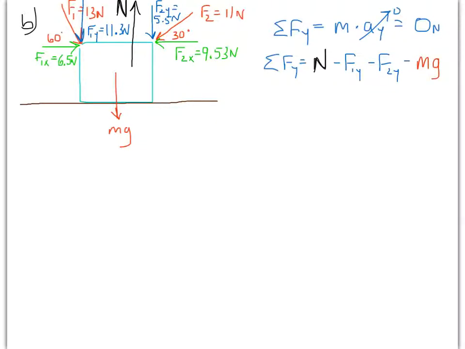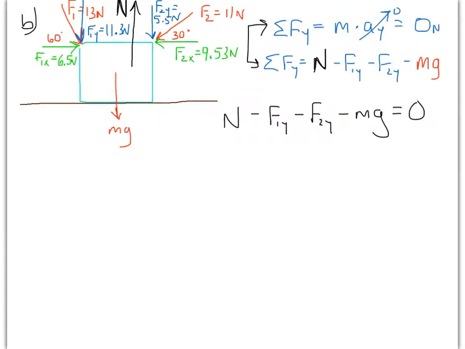Both of these statements being true, describing the same thing, we can set them equal to each other, so we can solve for the normal force. So we're going to write this equal to this, which is really equal to 0, right? So the normal force minus F1y minus F2y minus mg equals 0.